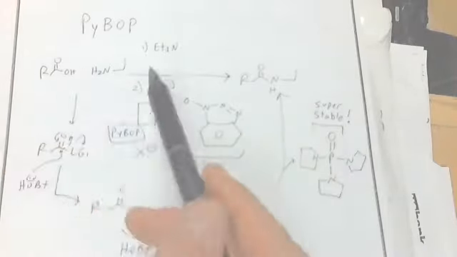Not uronium, but maybe something with phosphorus. Any guesses? Phosphorus, something, onium? Make a guess. What is it going to be called? Phosphonium. Phosphonium, right?